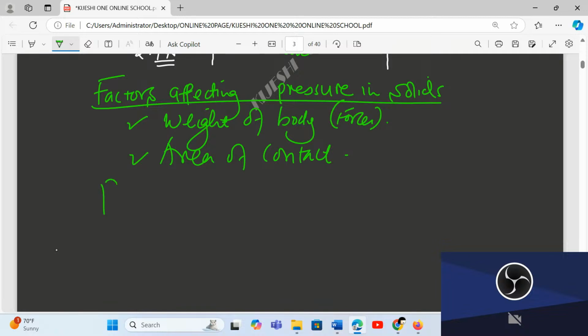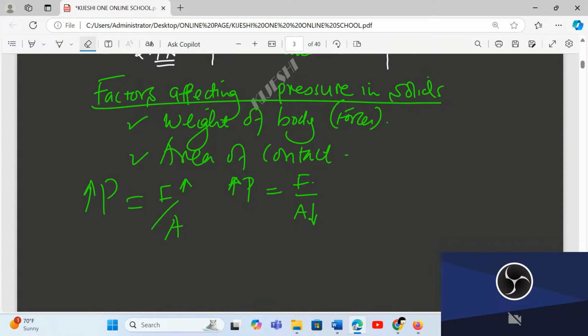Remember, from the definition, pressure is equal to force over area. If you increase force and you hold area constant, then automatically you're going to increase the pressure. But if you hold the force constant and then you decrease the area, then this one is going to rise.